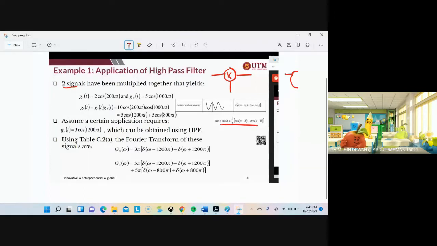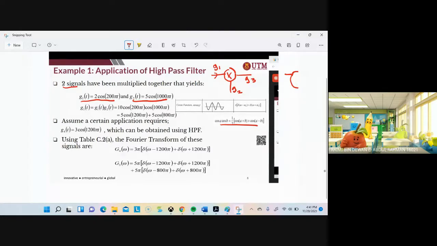So here is your G1, and then this is your G2. I don't have enough space, hope you understand why I don't write completely. This is your G2, and then this is your G3. In order to get your G3, G1 and G2 have to be multiplied. It is given that this is your G1 and this is your G2.